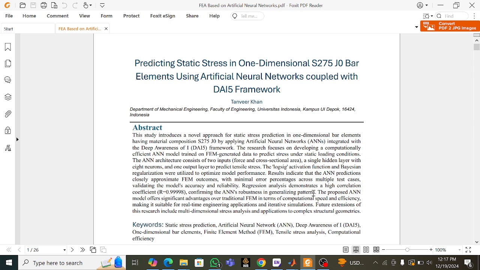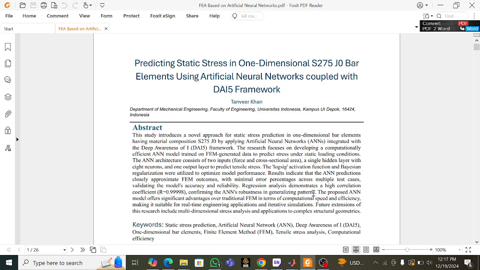The result of the ANN model is closely related to the FEM outcomes. I trained the ANN model with data obtained from the FEM, and I fed those outcomes to the ANN model to train and predict the results.